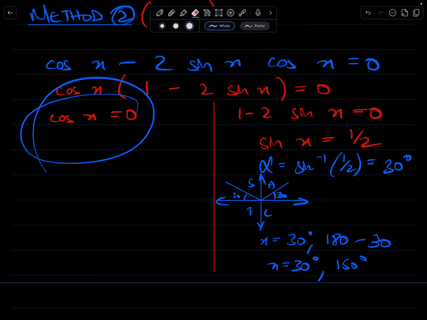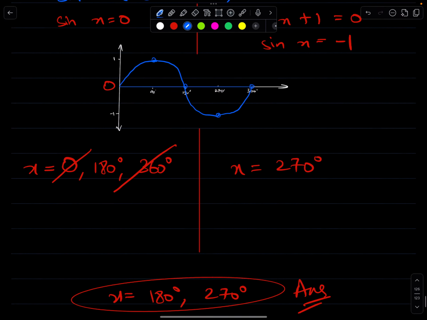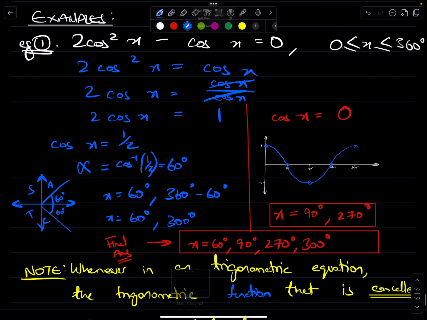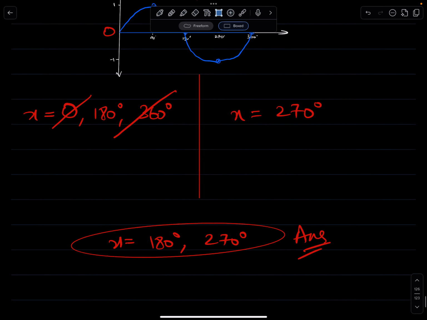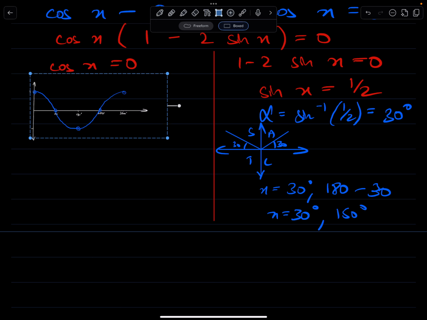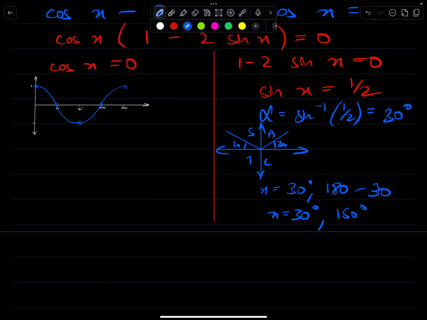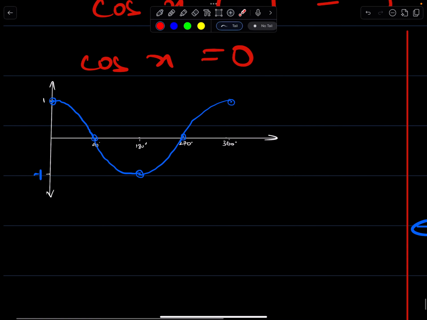Cos x is equal to 0. This is a defined intersection. I'll move up and I'll just copy this graph right here. Alright. So cos x is 0 at 90 degrees and 270 degrees.